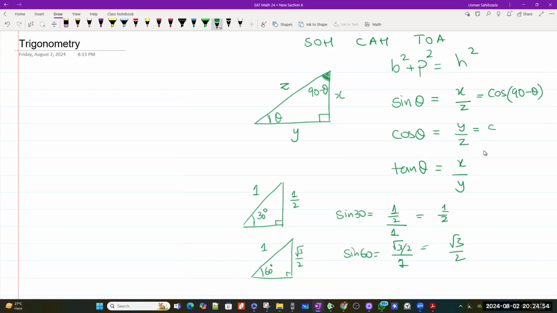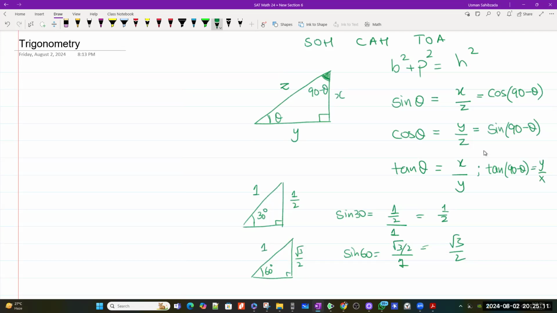Similarly, vice versa, the same thing holds true for cos theta. It will be equal to sine 90 minus theta. And when we talk about tan of 90 minus theta, it becomes Y over X. You flip it.